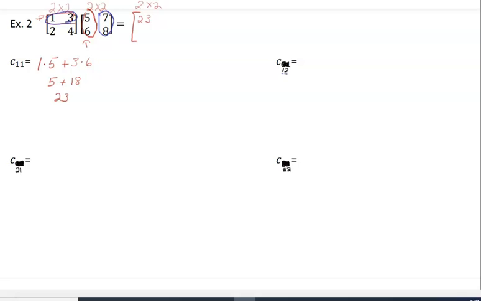Row 1, column 2. So we have 1 times 7 plus the second element 3 times 8. So that is 7 plus 24, which is 31.